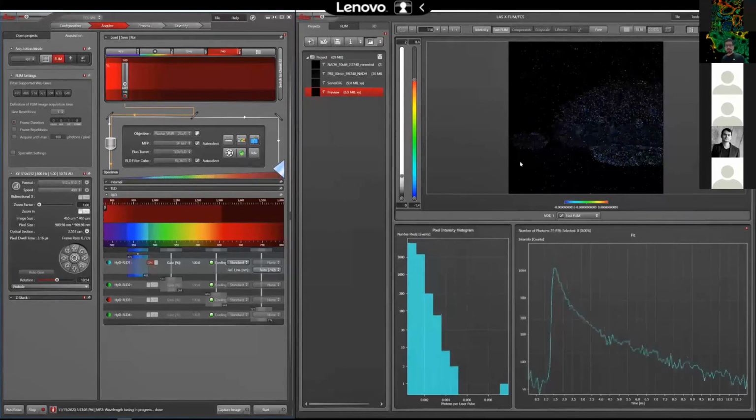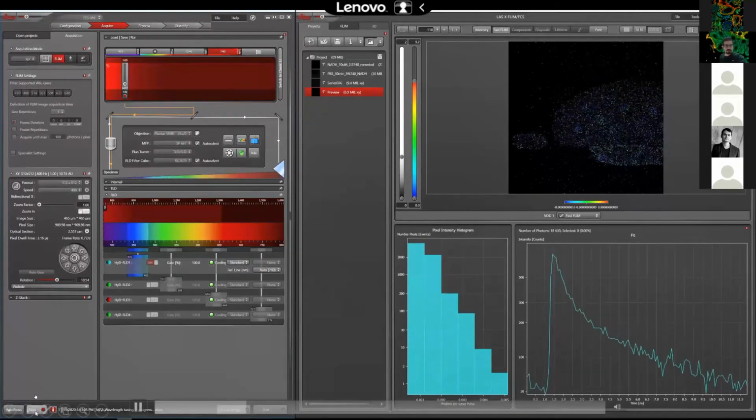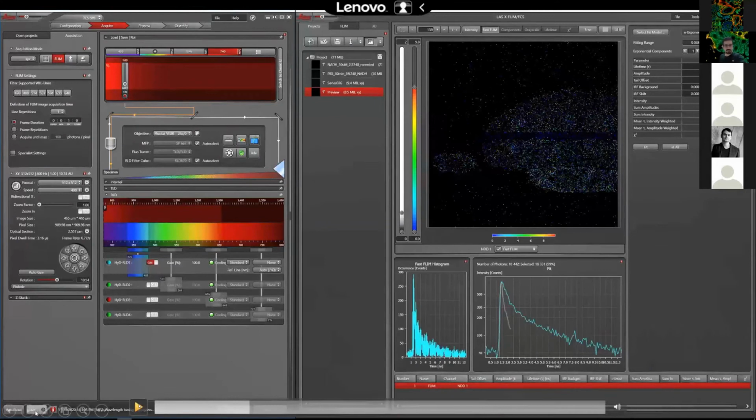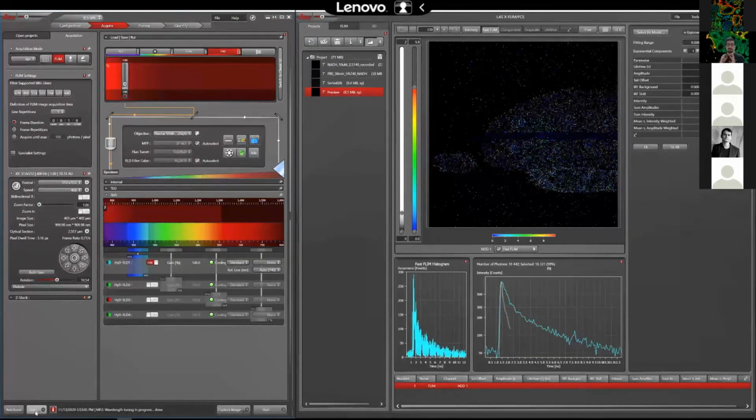So what I have here, I would like to just stop it here. What I see when I start to get the first signals, the first grasp of how the sample looks, is that this is my sample. It's super noisy, and there are a lot of pixels without information.